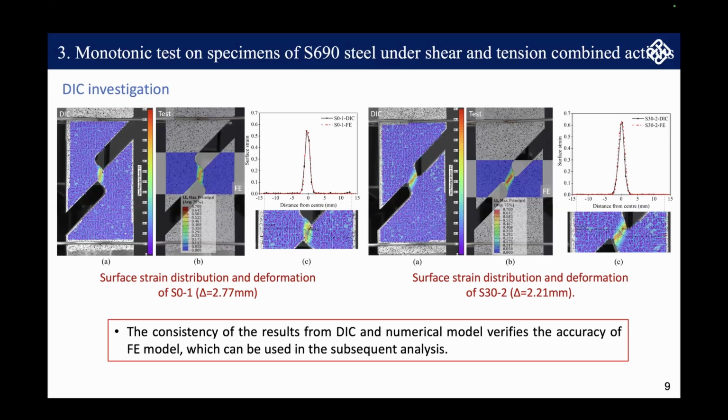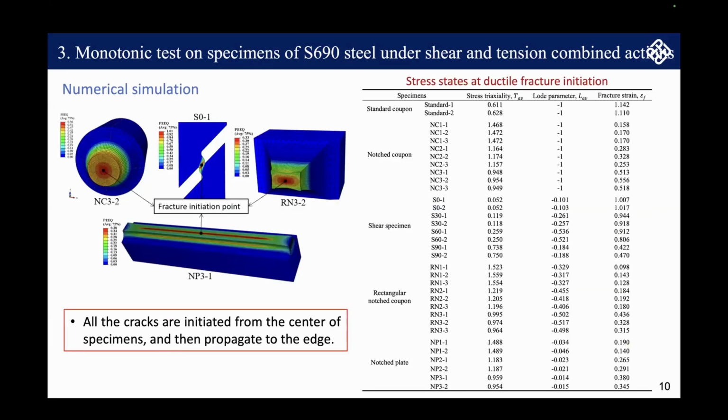Besides, the deformed shape of the specimen is compared between the picture and the numerical model, and this also verifies the reliability of the numerical model. Then we can trust the stress state from the model. All the cracks initiate from the center of the specimen and then propagate to the edge.